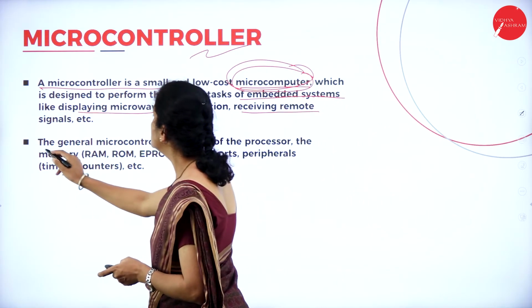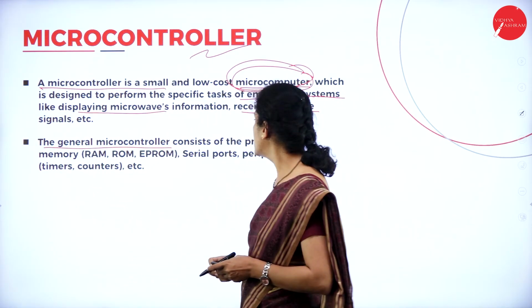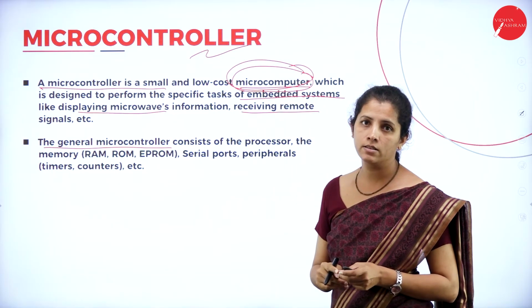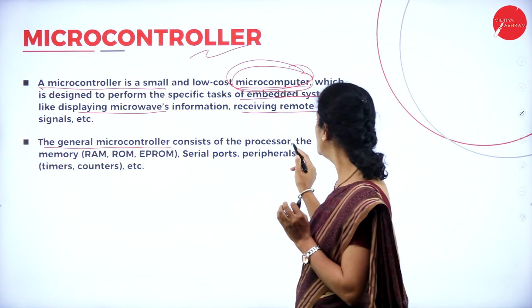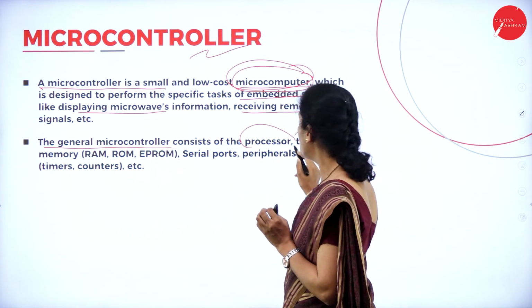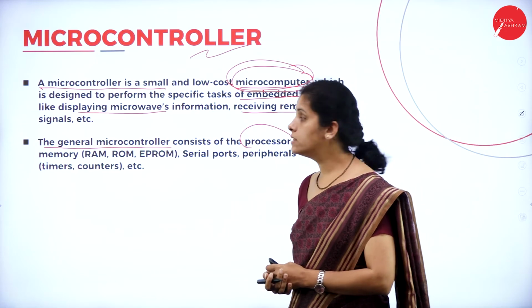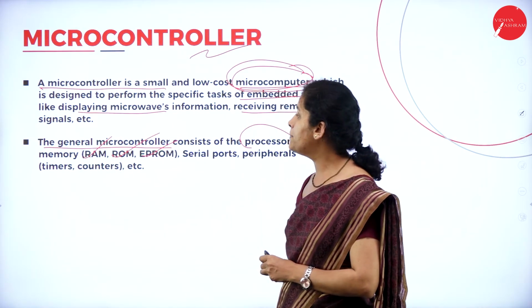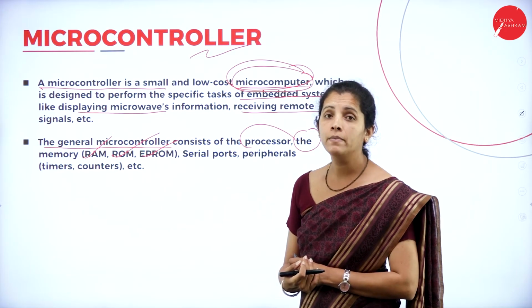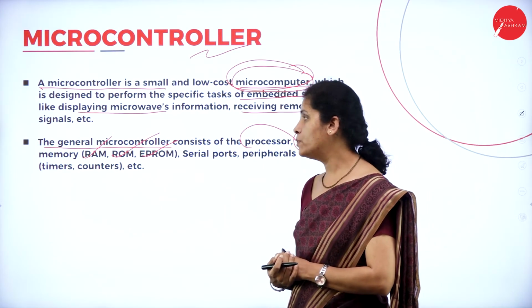So the general microcontroller includes a processor. Along with that, memory, that is RAM, ROM, EPROM. What is RAM? Random access memory.